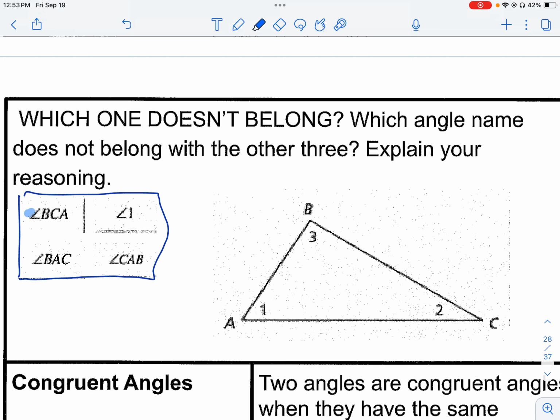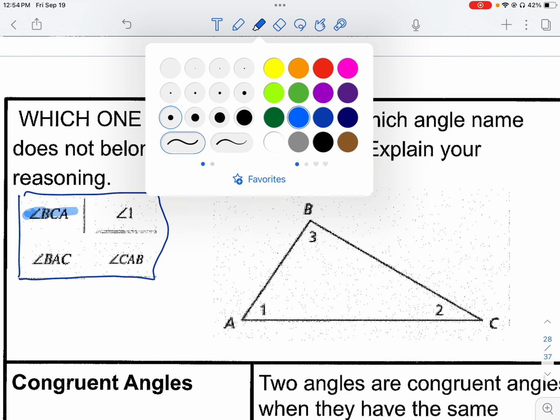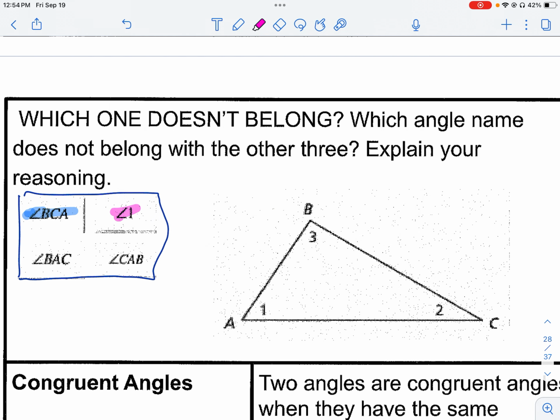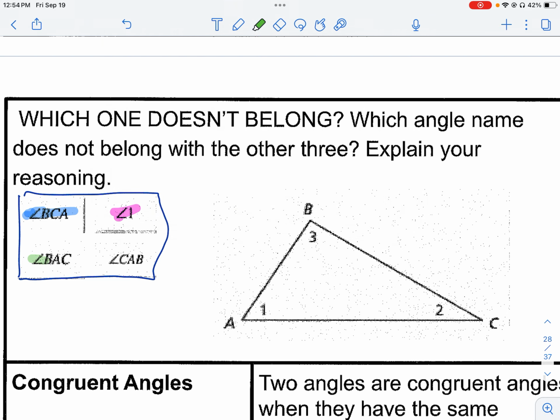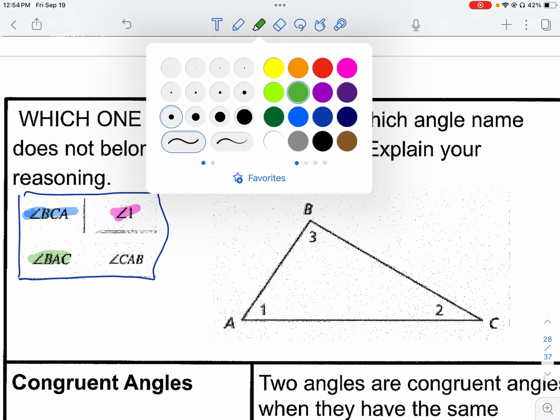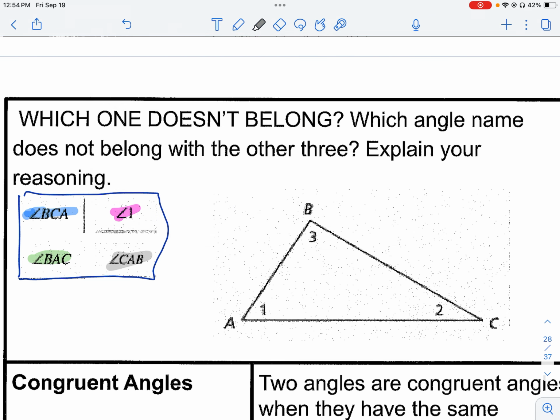All right, well, let's start by highlighting our angles here, and then we'll highlight them on our triangle. So angle CAB is right here.